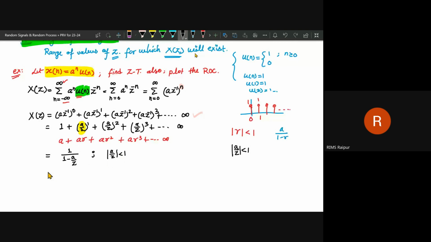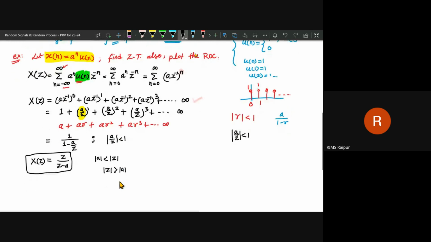Correct. Now, if I simplify this expression, it will be z upon z minus a. This is the value of X of z. Correct. And the condition is mod a should be less than mod z. Or I can also write it like this: mod z greater than mod a.